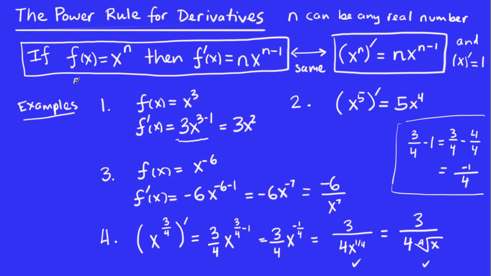And if you want to write it in this form, I'm just saying that if f of x is equal to x, then f prime of x is equal to 1. Just another little way to write it, okay? So this is what we call the power rule. I hope that makes sense. That's a little bit messy there.